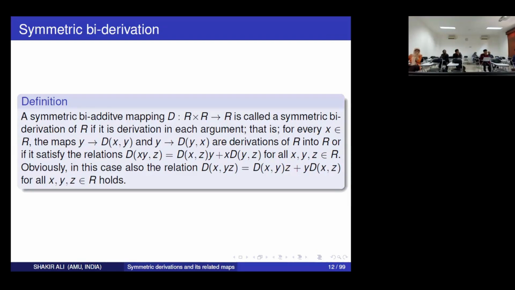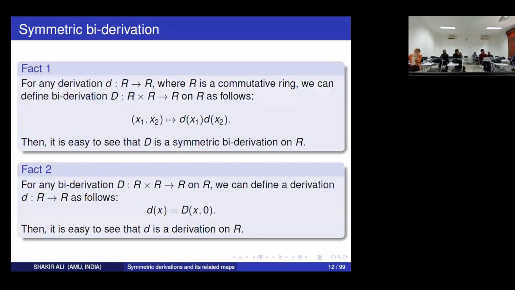Look over here: this is a derivation in the first argument, then a derivation in the second argument. So if we have a map that is a derivation in the first argument as well as in the second argument, we call it a symmetric biderivation.